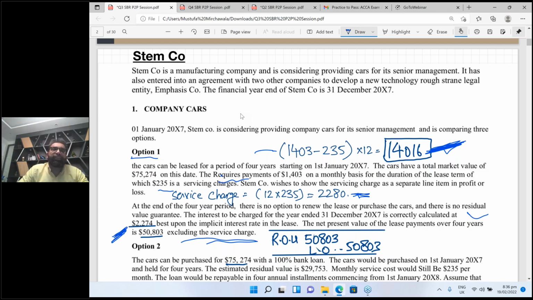So if you subtract 14016 minus 2274, you will calculate the pure principal repayment. You will calculate the reduction of your lease liability during the year. Okay, so this is how it works. Now giving you 30 seconds to just think over it, then I'll move the screen.